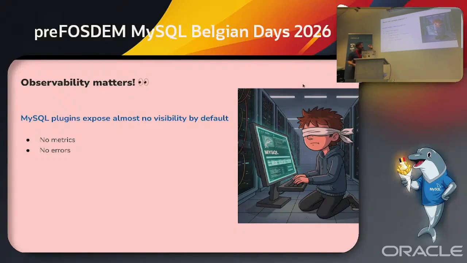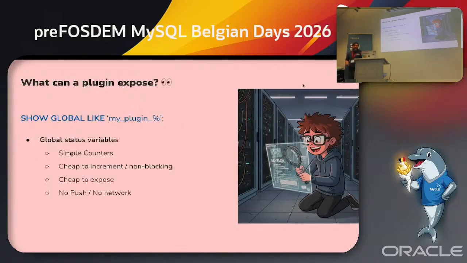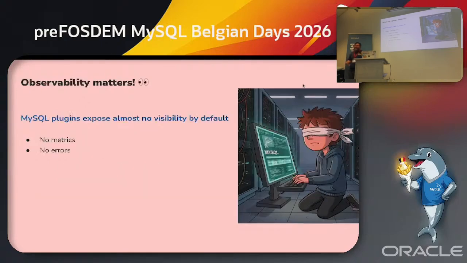However, plugins can expose global variables. And that's super cheap for MySQL, because we don't really need to write into a table. We don't need to get a lock to write. We don't need to handle metadata. We can just expose integers or longs in C++ that MySQL takes care of exposing through show globals.